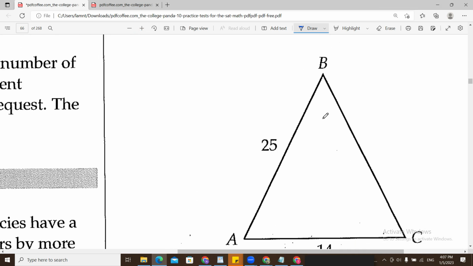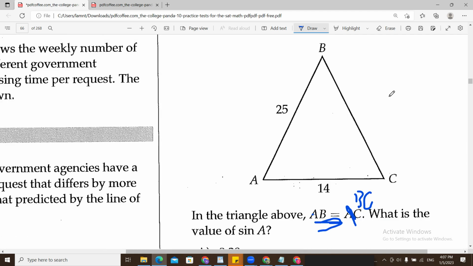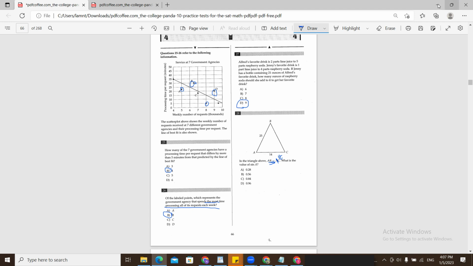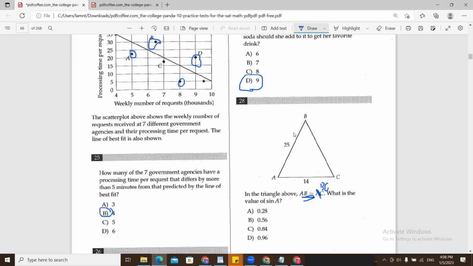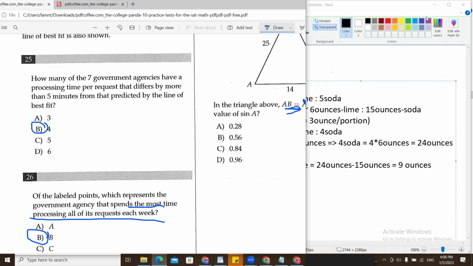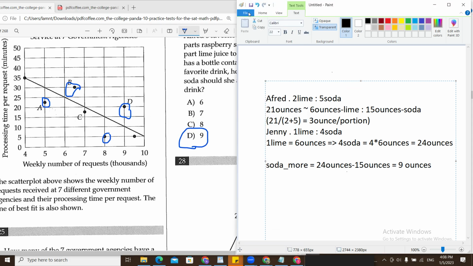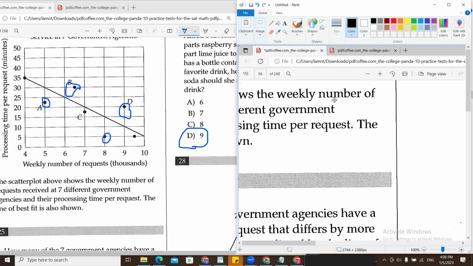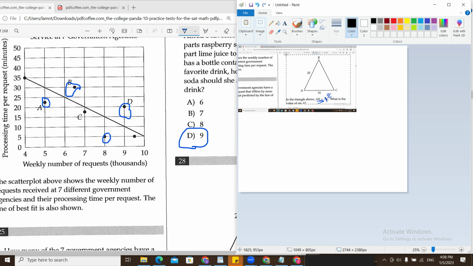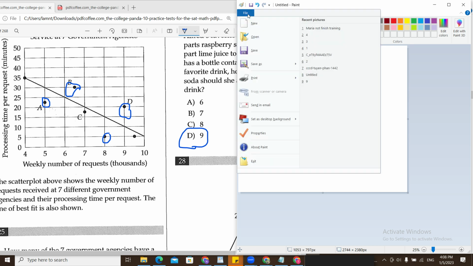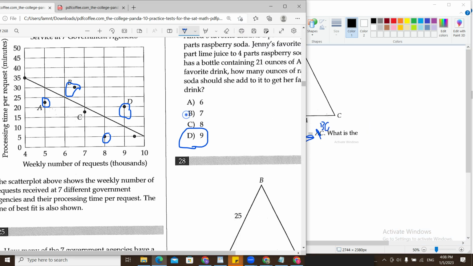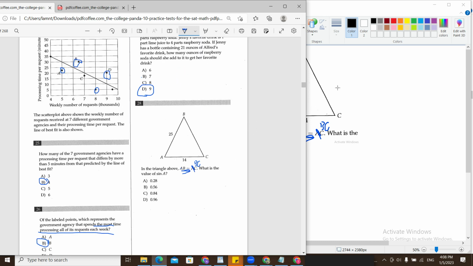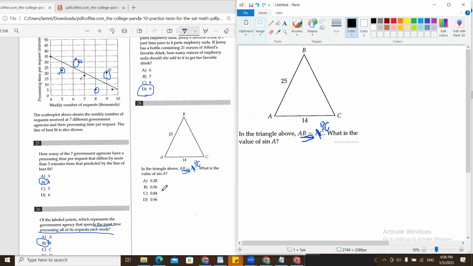We have a triangle here. So here's ABC. They asked us about the value of sine A.